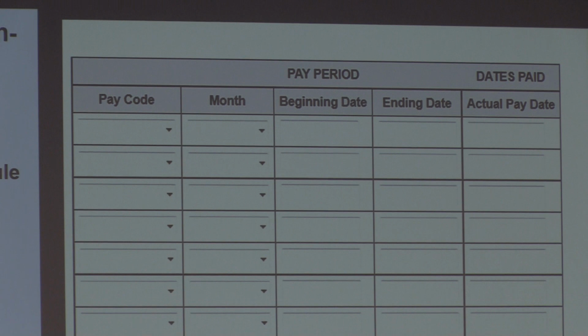So this beginning date, if it begins in September, your payroll, we want you to put that here. For an example, say for instance, the payroll started September 22nd, ended on October 5th.